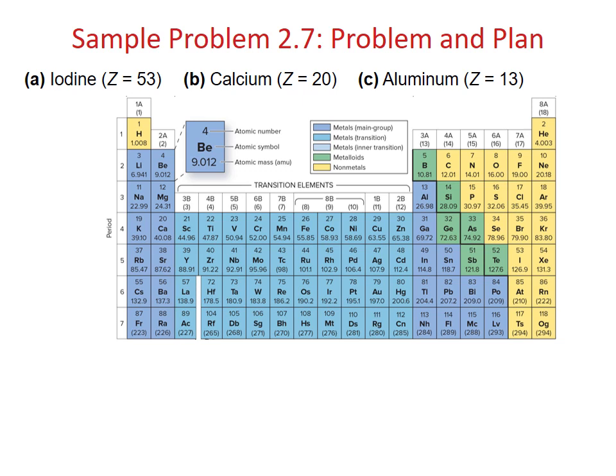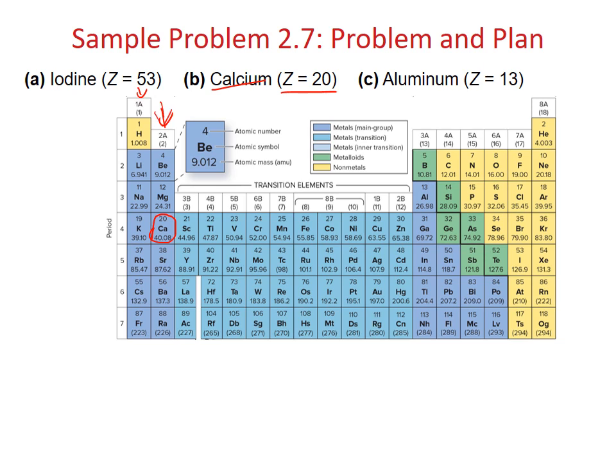For B, the element is calcium and atomic number 20. In the periodic table, you can easily locate calcium, Z equals 20, in group 2. Okay, as we mentioned before, group 1 metal loses 1 electron. Group 2 loses 2 electrons.